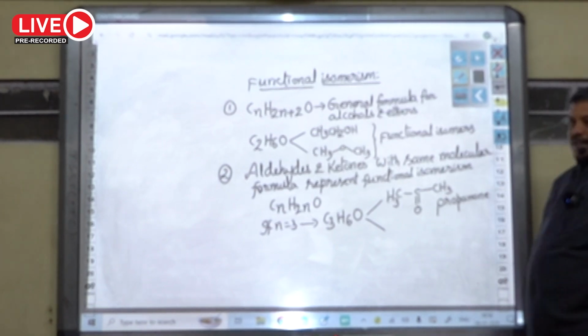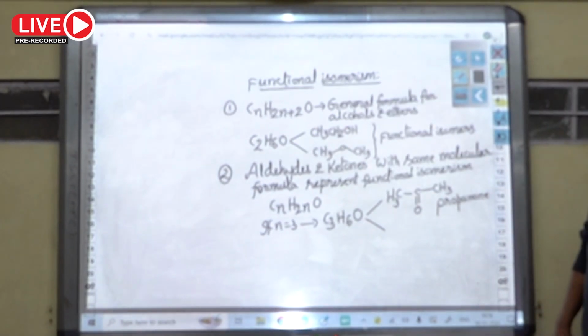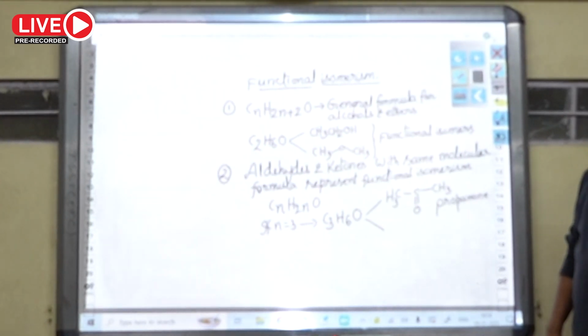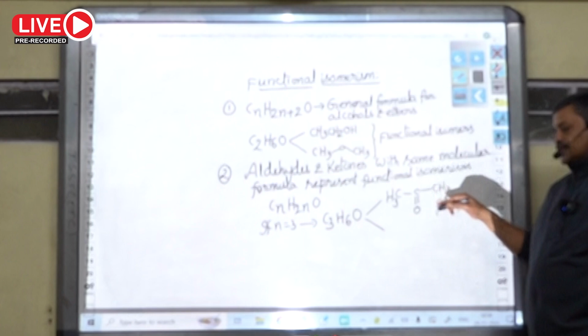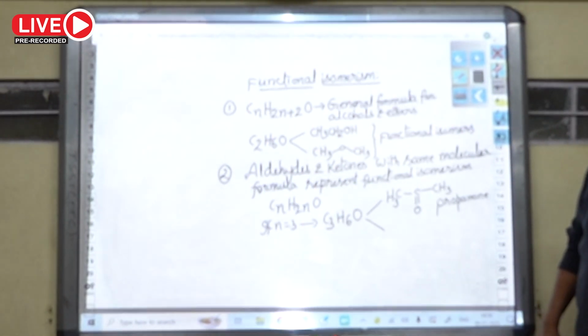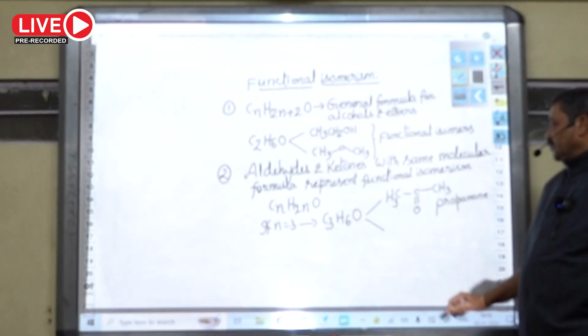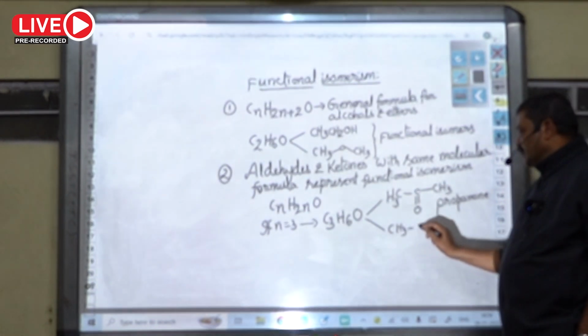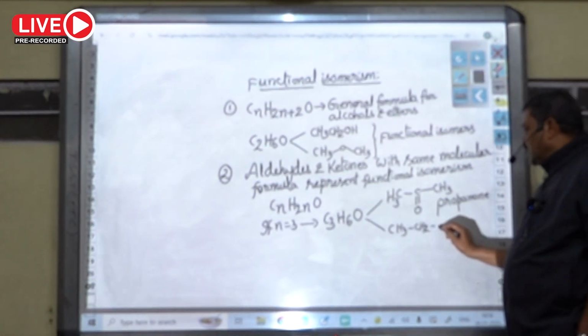Propanone is the IUPAC name. The common name is acetone, which is used as a nail polish remover. One of the most common uses of acetone is as a solvent actually. Now the other way of representing is CH3CH2CHO.